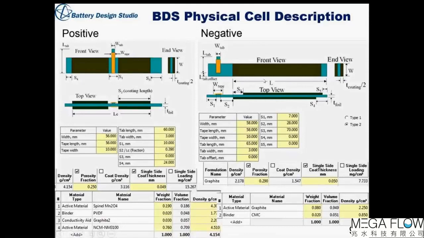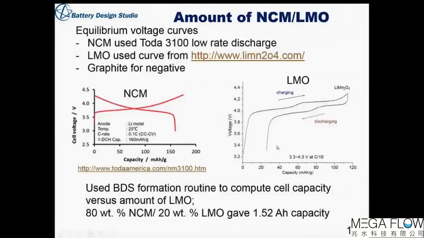And then for the negative electrode, the tab design was a tab on one end. So we specified that design and entered in the parameters that we measured from the dissection. And again, for the formulation, we just made a reasonable guess in terms of what the composition was. But we did measure the thickness and loadings.